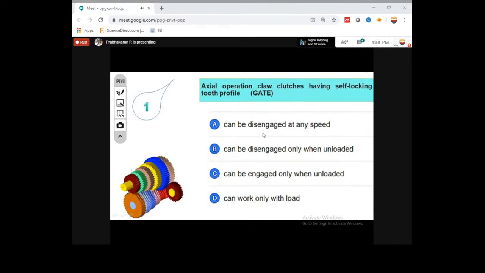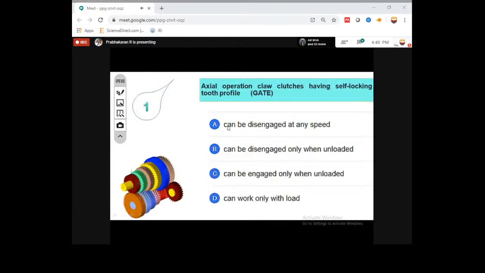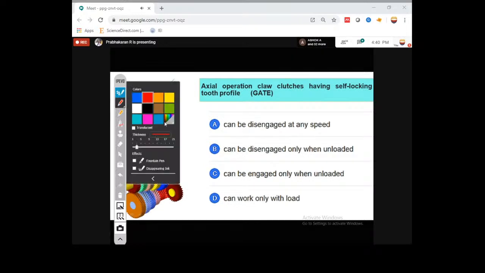You should read these four options: can work only with load, can be engaged only when unloaded, can be disengaged only when unloaded, can be disengaged at any speed. Remember your old jaw coupling, the dog clutches. Whenever running, if you move axially, we can disengage, so it can be disengaged at any speed. This is the answer.